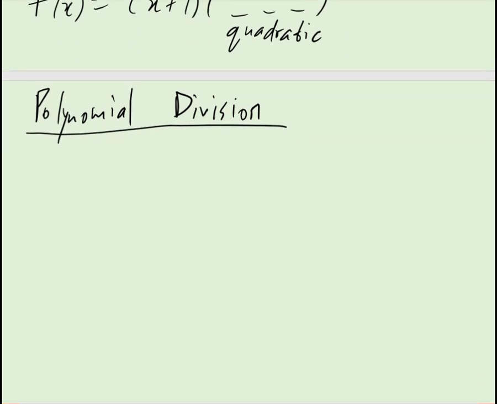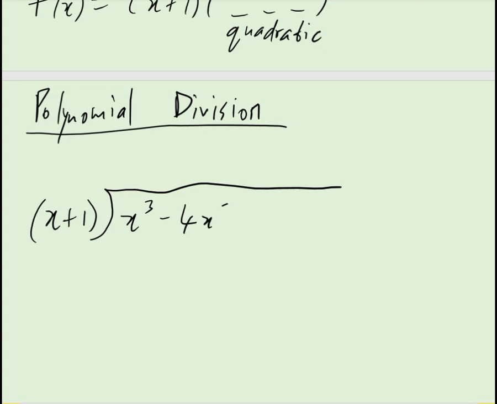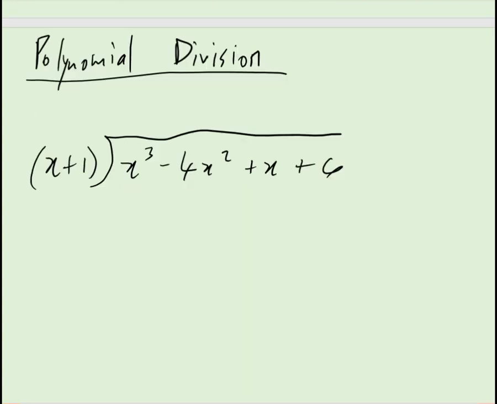I should have written long division. So we know x plus 1 is a factor, so we can write x plus 1 here, and then we're going to divide our actual polynomial here, which is x cubed minus 4x squared plus x plus 6. So x goes into x cubed x squared times, then we take this x squared and multiply it by the factor.